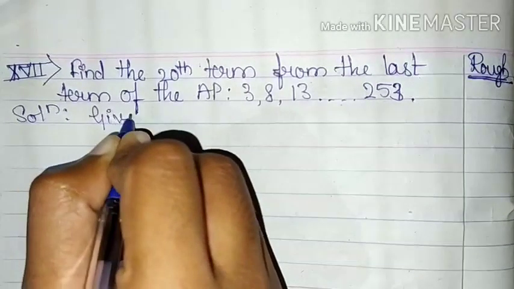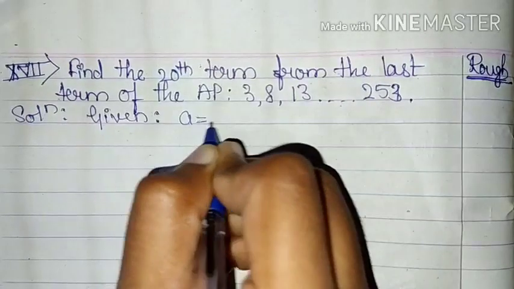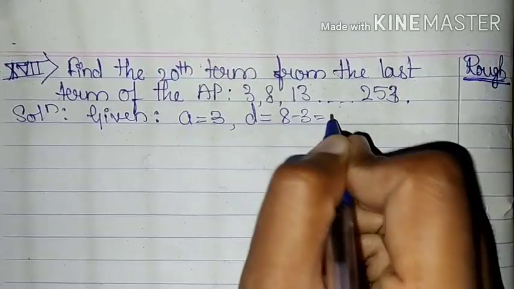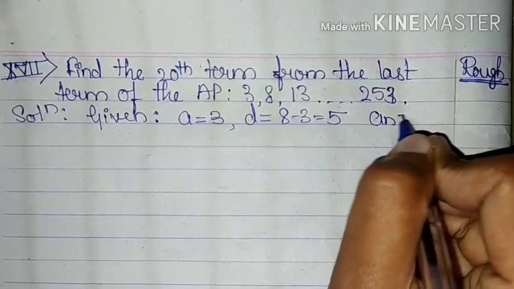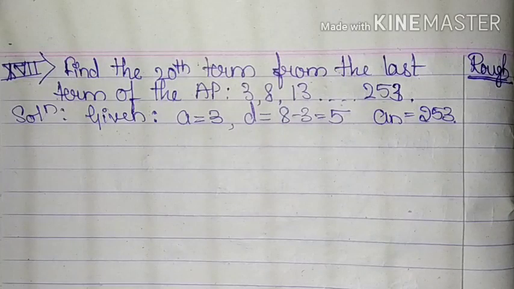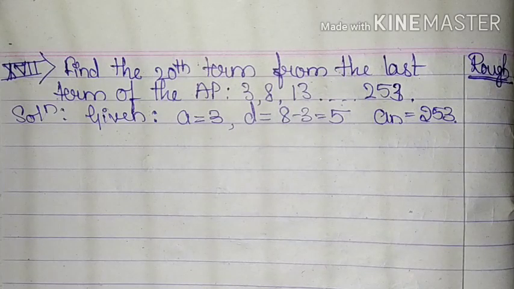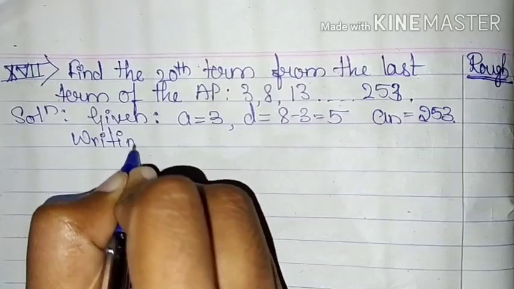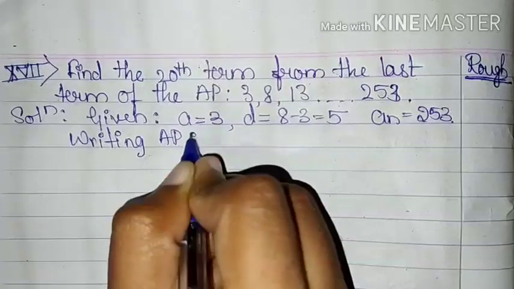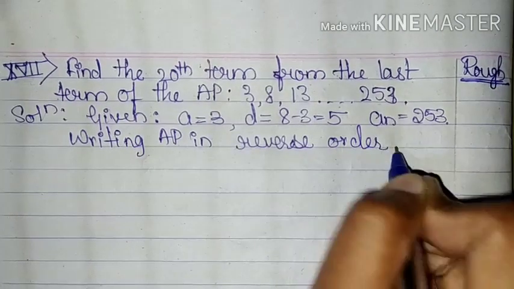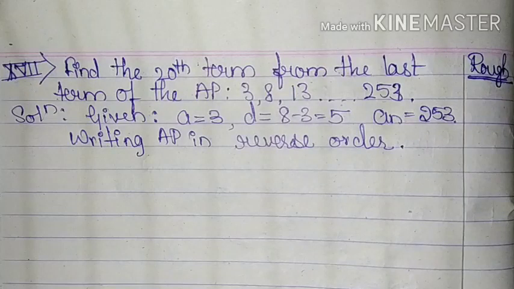Given in the AP, A is equal to 3, D is equal to 8 minus 3, which is equal to 5, AN is equal to 253. So to find the 20th term from the end, let us write down our AP in reverse order. Whenever we write an AP in reverse order, the common difference changes its sign.